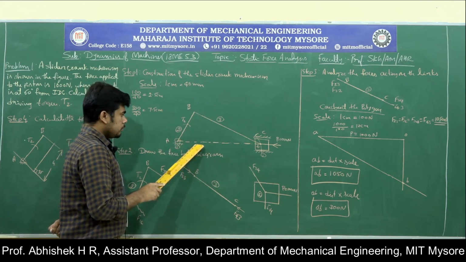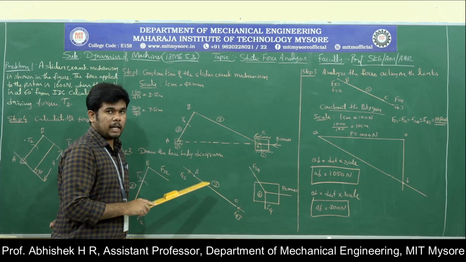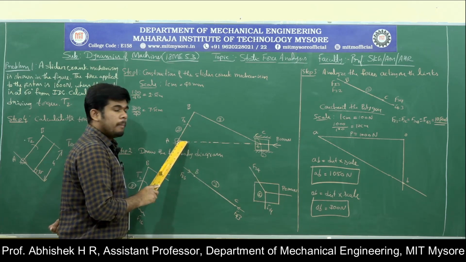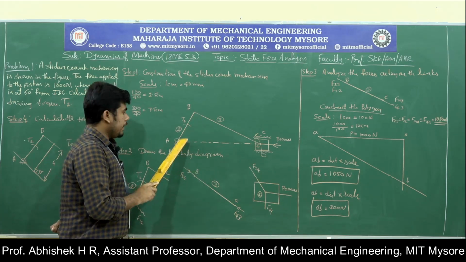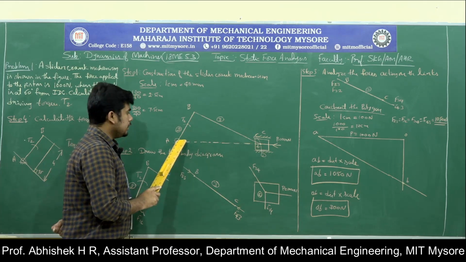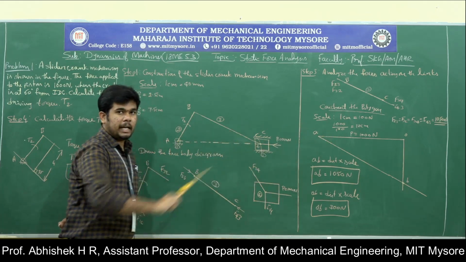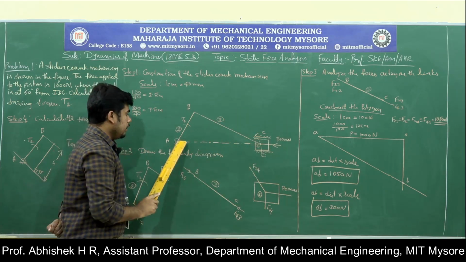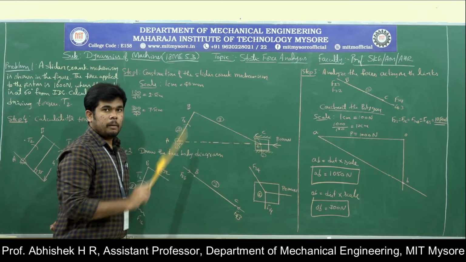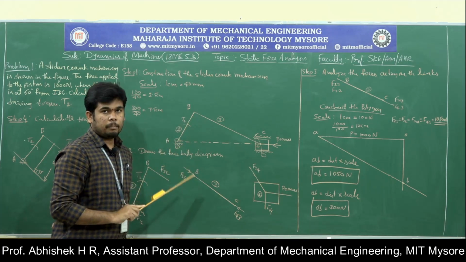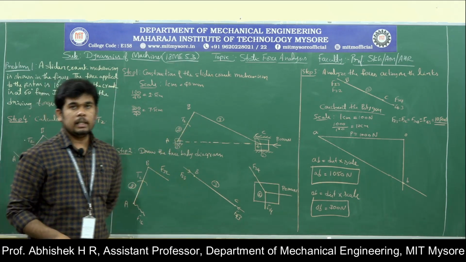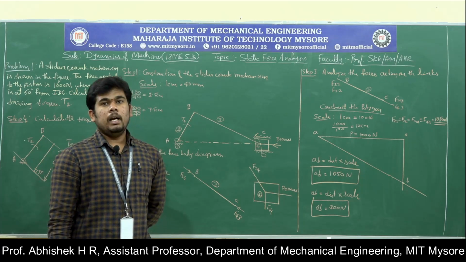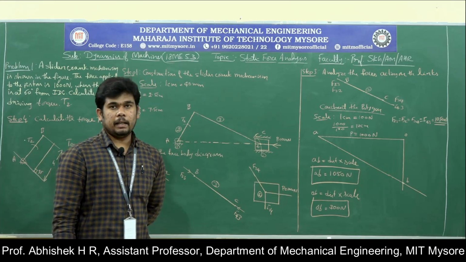So here, first while constructing the mechanism, we need to mark a point first. With respect to that point, just draw a straight line in x-axis. Then at point A, measure the 60 degree angle, because it is clearly mentioned that the link 2, that is AB, is positioned at 60 degree.